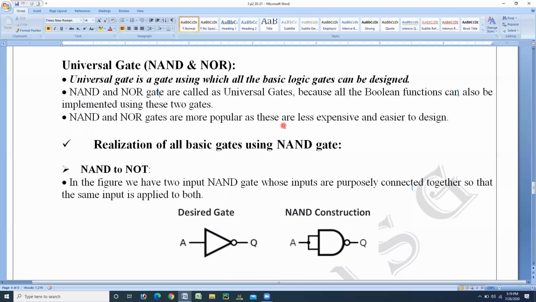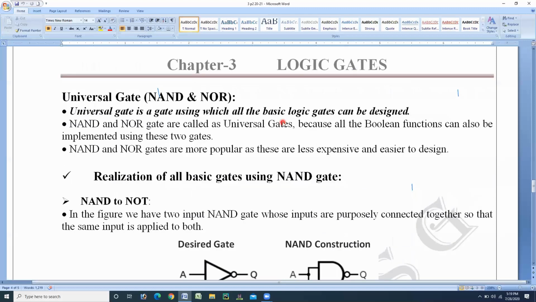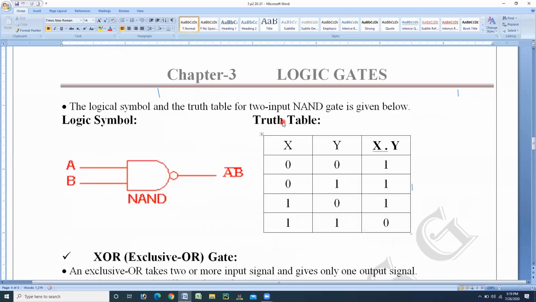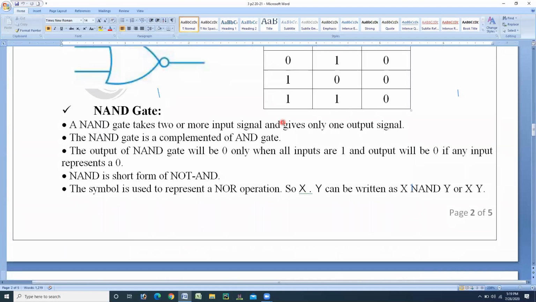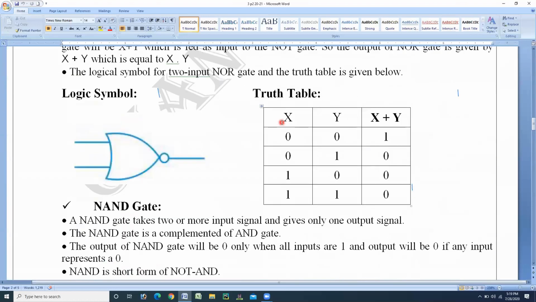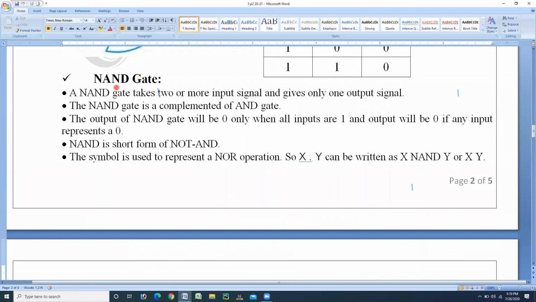So in today's class we have completed the gates. We started today with the NAND gate, which is a combination of NOT and AND gate.